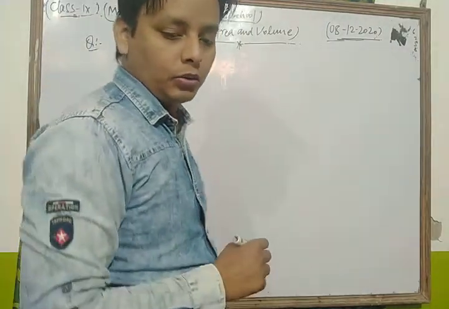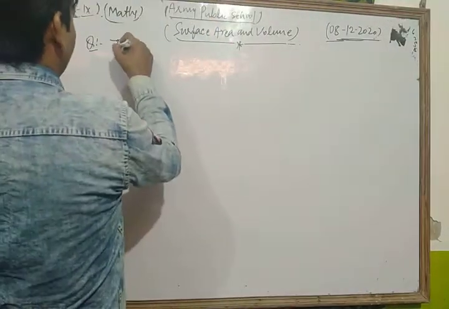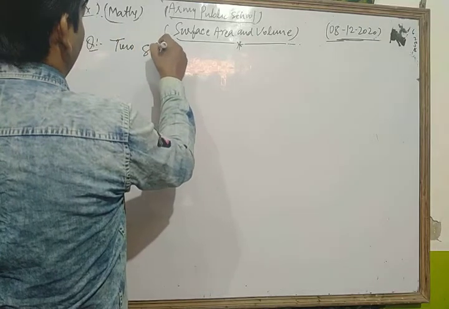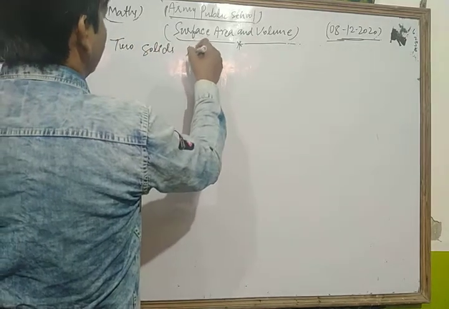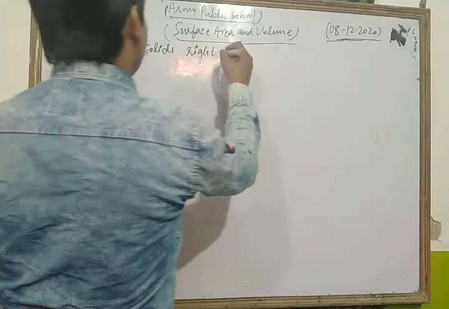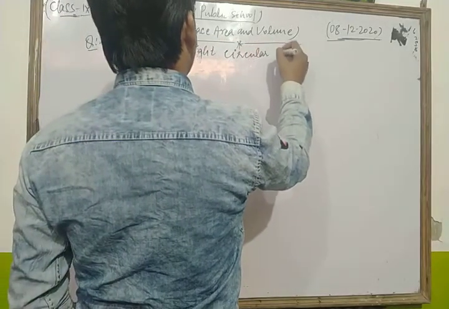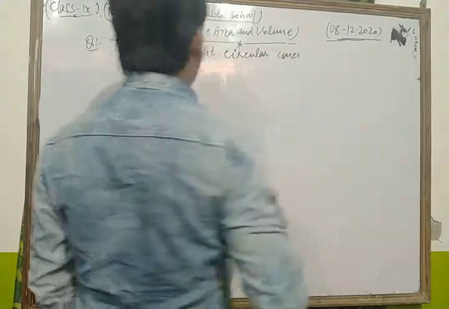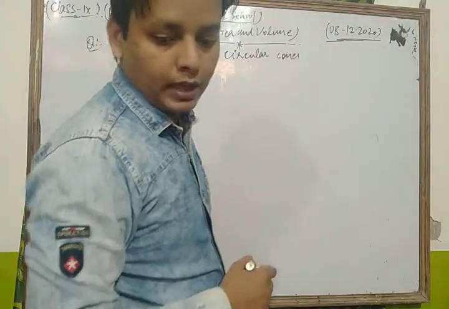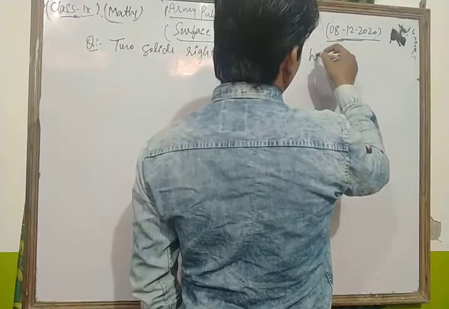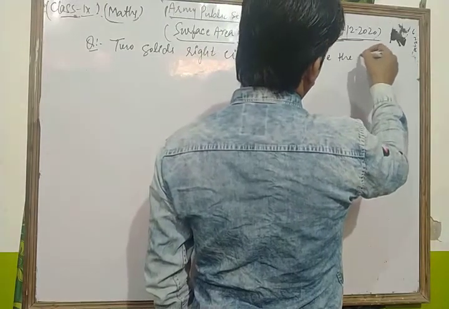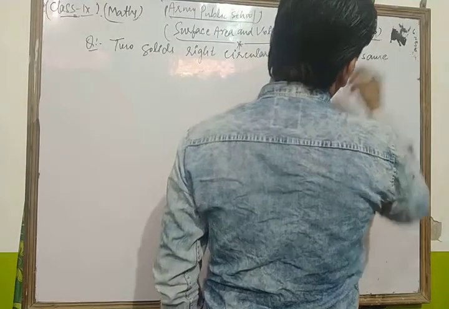Two solid right circular cones have the same height.